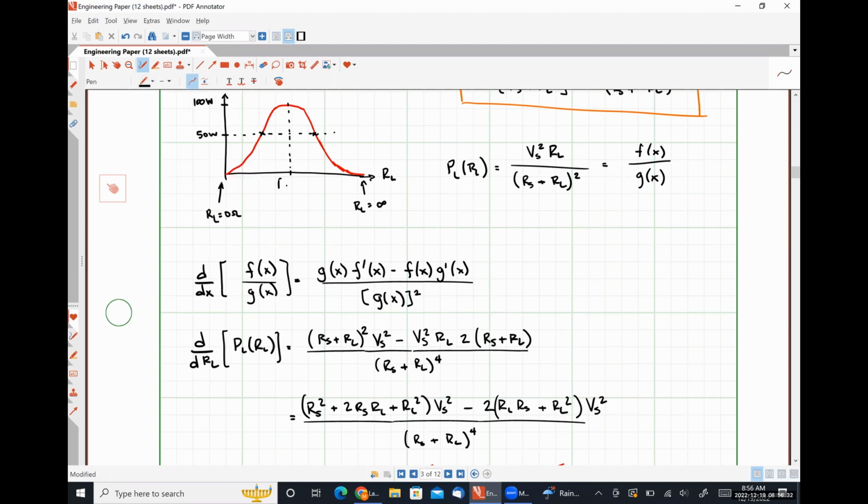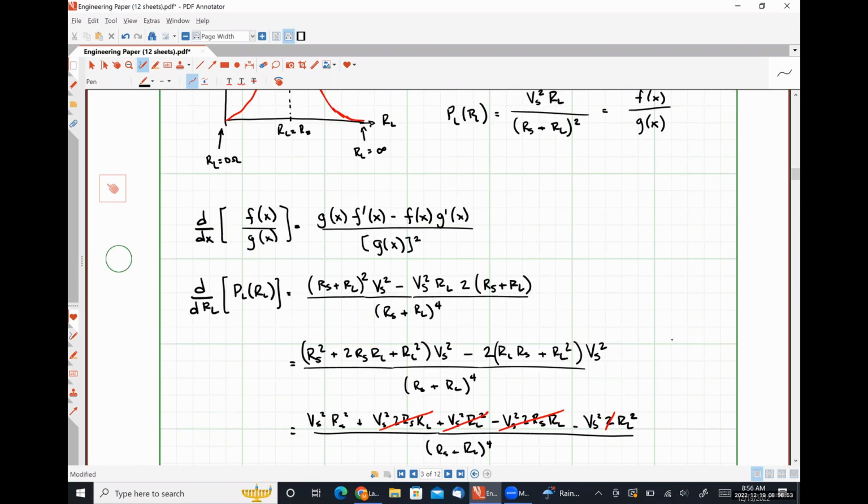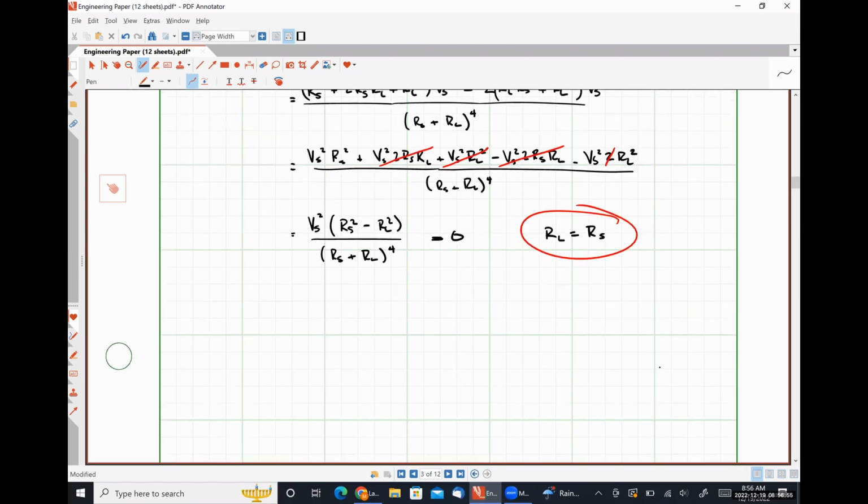When RL is exactly equal to RS, maximum power transfer occurs. Effectively, we have, for those of you who are going into electrical engineering later on, a matched network here. And that matching is what's causing maximum power transfer to occur. So let me write that down.